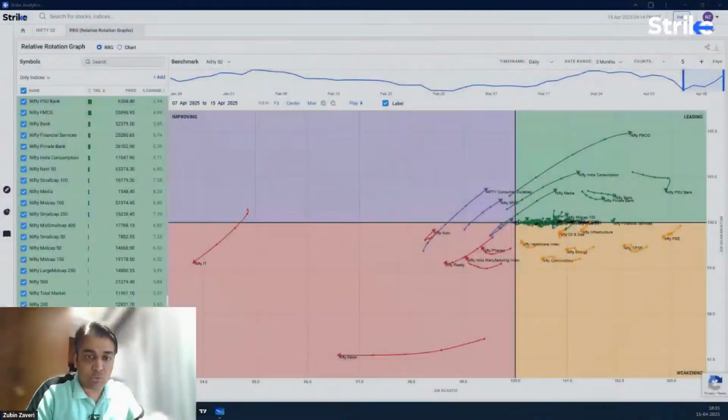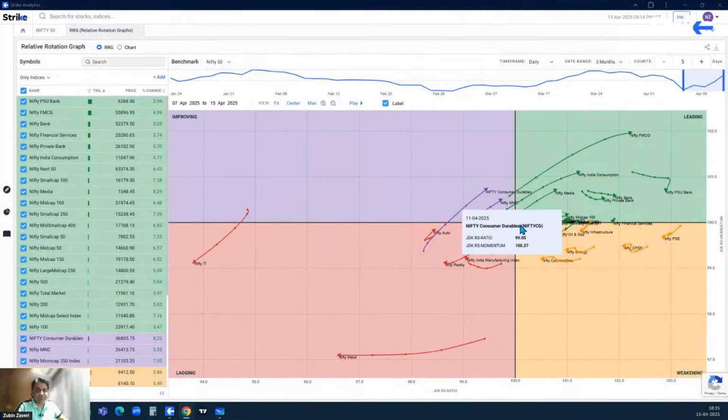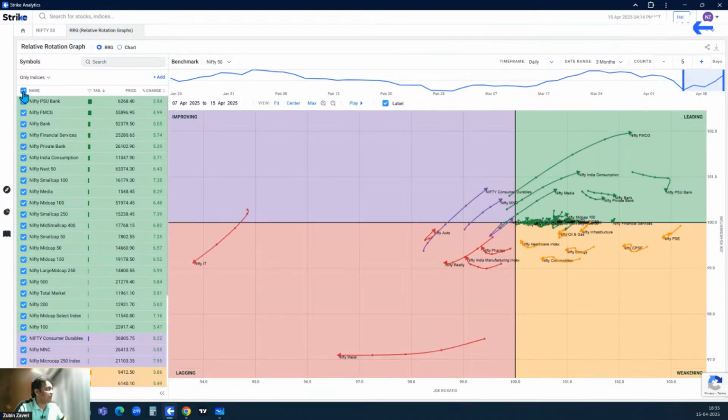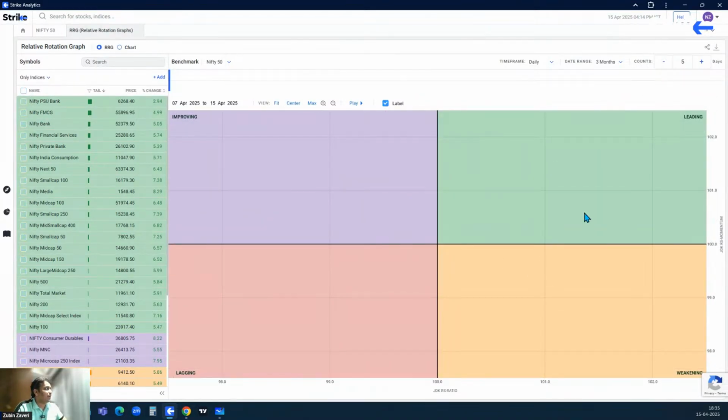All right, so these two things have been plotted, and because there are two major factors that go into this picture, we have basically four quadrants like this. All right, so what are those four quadrants? On the top right side we have the green color quadrant, which is called the leading quadrant. Then we have the weakening quadrant, then we have the lagging quadrant, and then we have the improving quadrant.